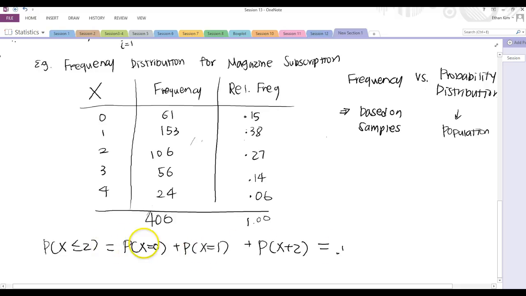So that would be 15.38 plus... that should be a plus. I don't know why it's doing this again. So 15.38, yes, there we go.